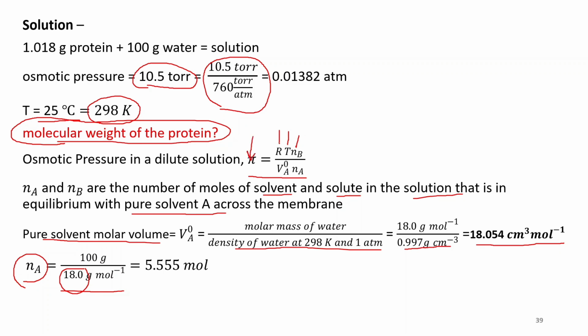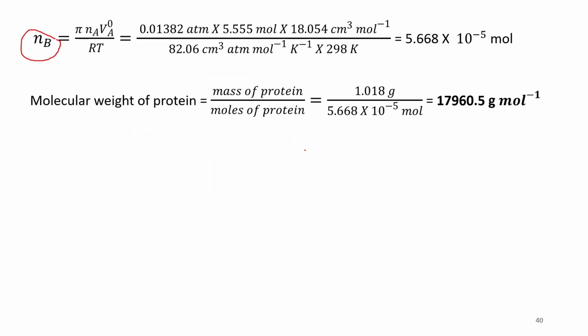We know R, we know T, and Nb we need to calculate. Va we have just calculated as 18.054, and Na we just calculated as 5.555. So we can calculate Nb from this equation of osmotic pressure in a dilute solution: Nb equals pi, the osmotic pressure, multiplied by the number of moles of the solvent, multiplied by its molar volume, divided by R into T.